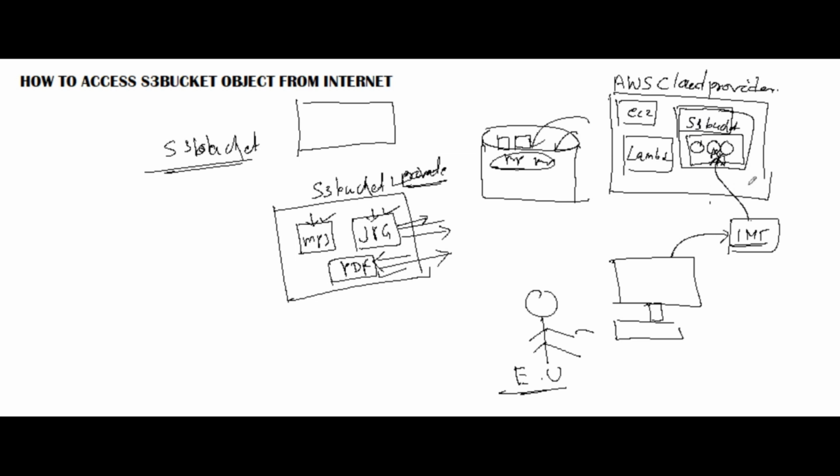It will find that it is in the AWS cloud, then go to the AWS cloud and see that this mp3 is in the S3 bucket, then search for this mp3. It will copy this, and from this we can download it to our local system. So this is the scenario.